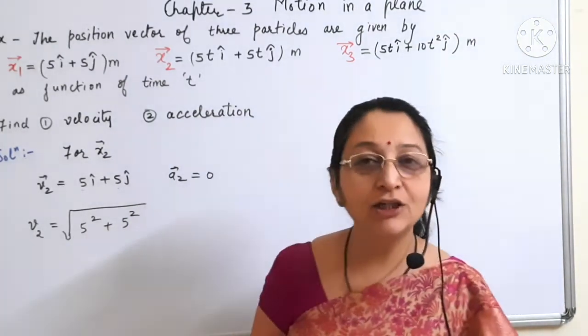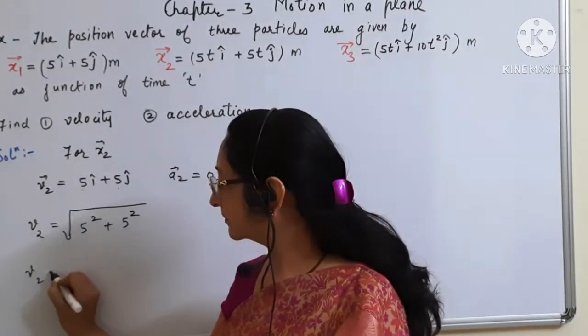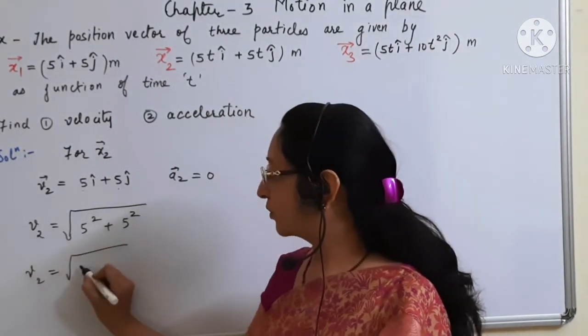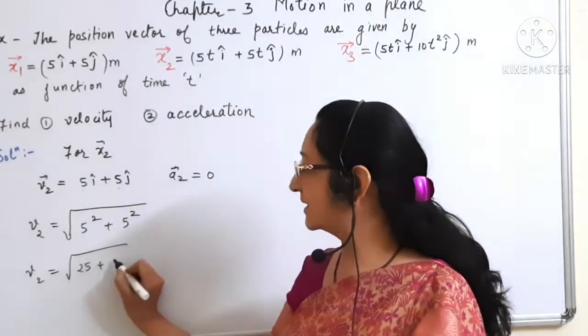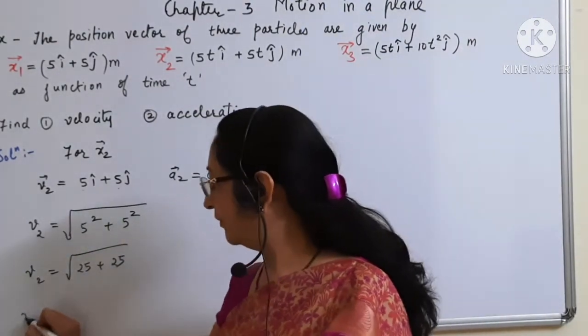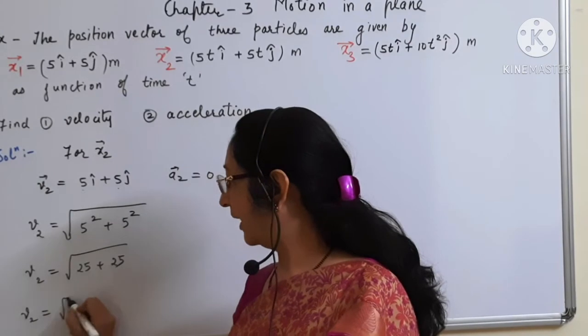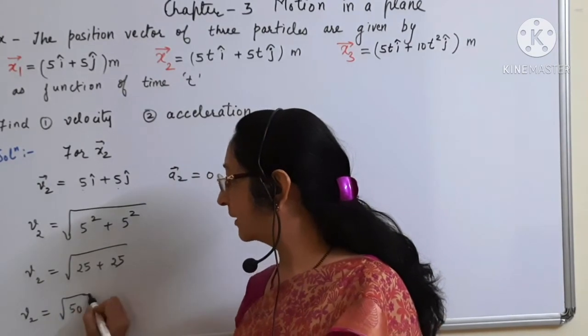So this is the magnitude. So V2 is equal to 5 square is 25 plus 25. So V2 is equal to under root of 50.